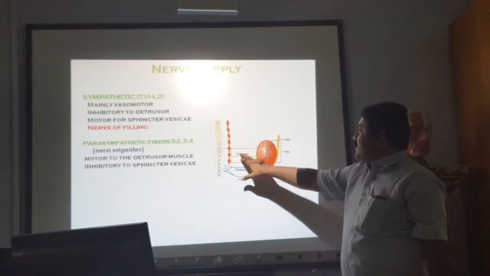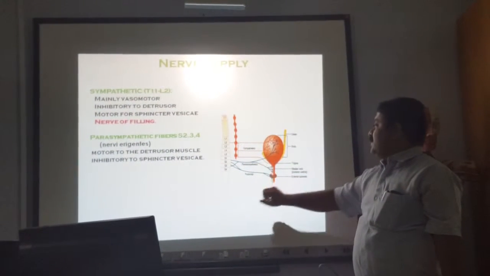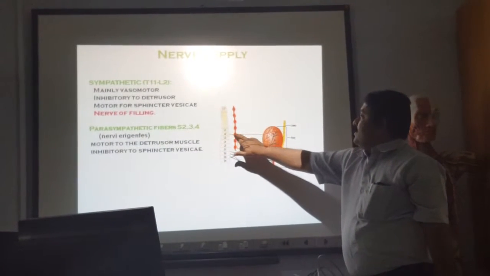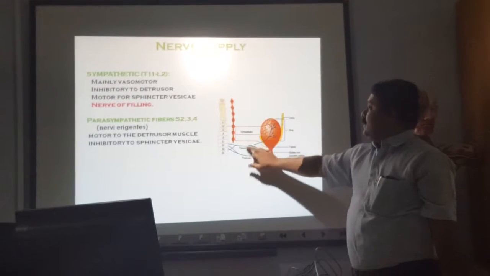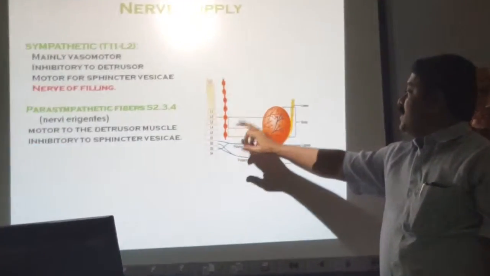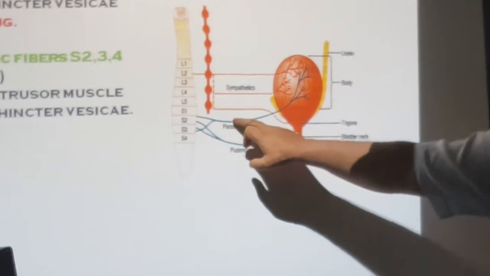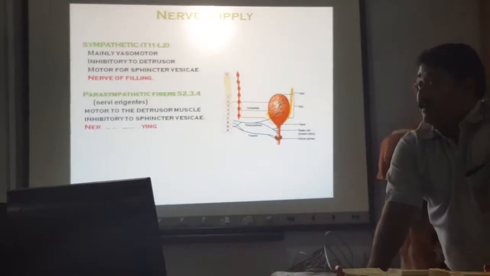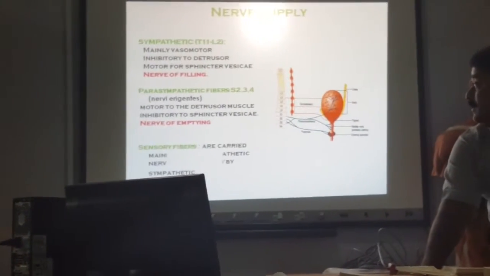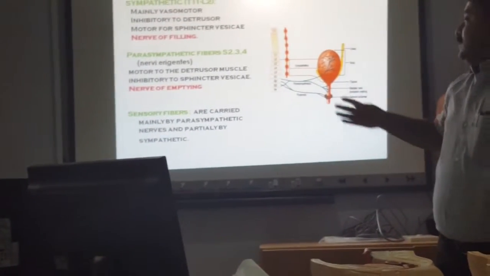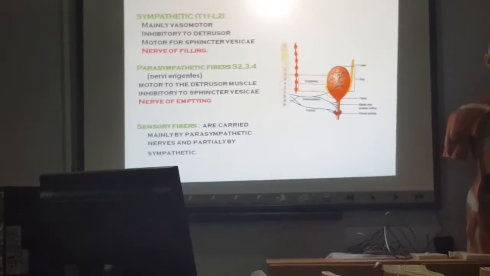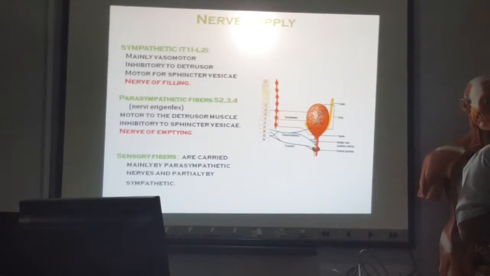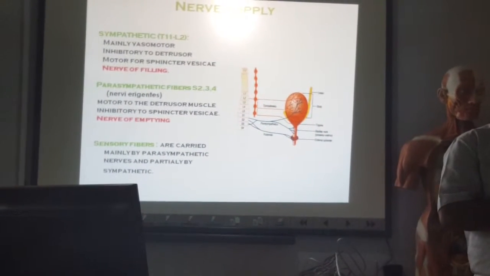See here, sympathetic fibers from T11 to L2 and parasympathetic fibers from S2 to S4. This is about the nerve supply of the urinary bladder. Sensory fibers are carried mainly by the parasympathetic and partially by the sympathetic fibers.